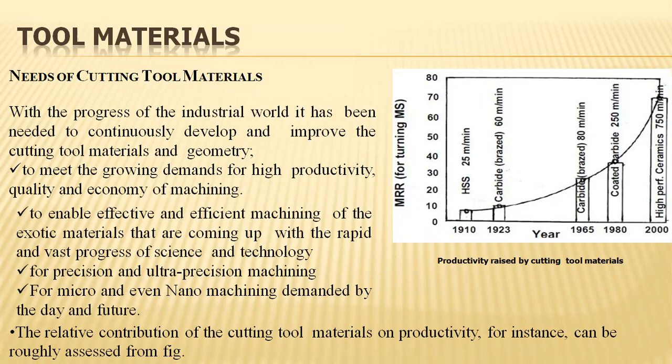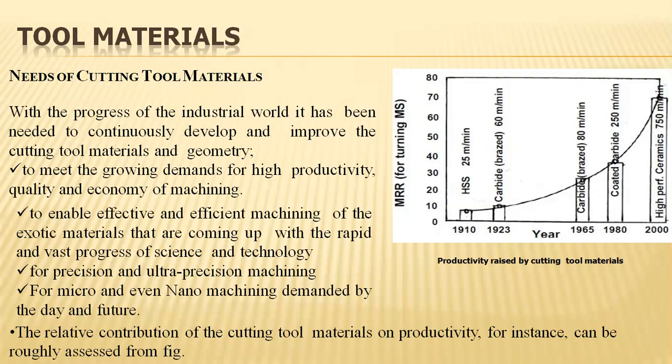And later on, in 1923, the brazed materials such as carbide materials, which have an incremental improvement in strength and stiffness, could remove material with cutting parameters maintained at a speed of 60 meters per minute.